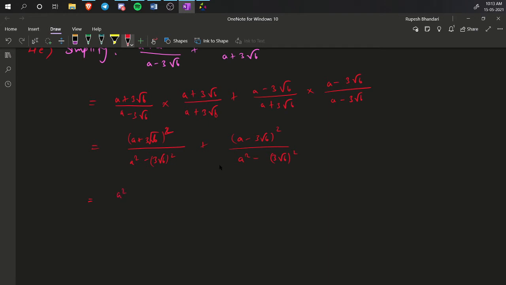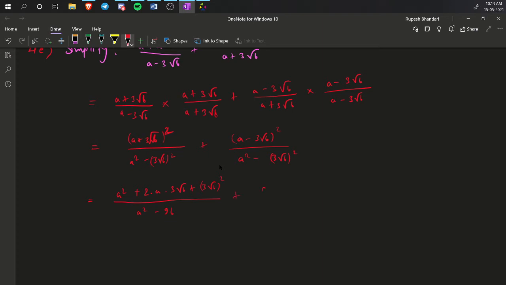So a square plus 2ab, which is a dot 3b, plus 3b square, and then after that this will be a square minus 9b, and what is that guy? 9b, right?